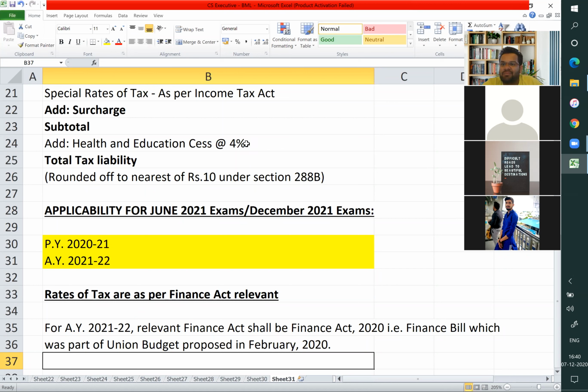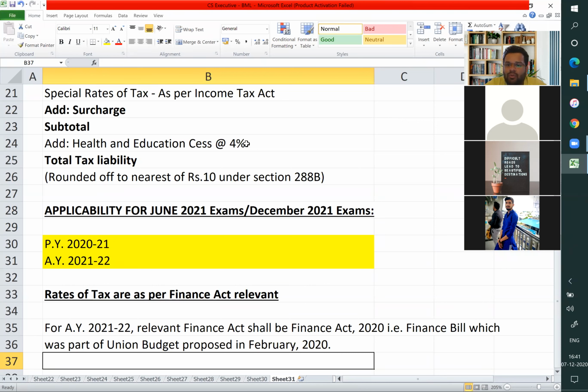Then which is the next immediate budget coming up? In Feb 2021, which is applicable for which AY? 22-23. So is it applicable for your exam? It is not applicable for your exam.